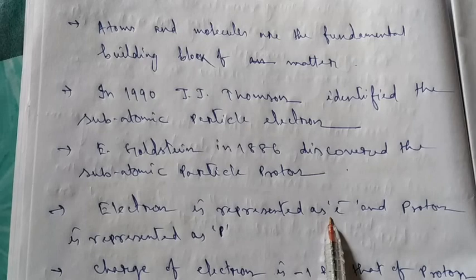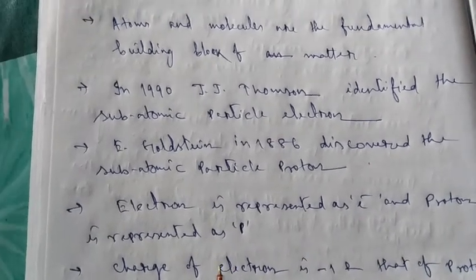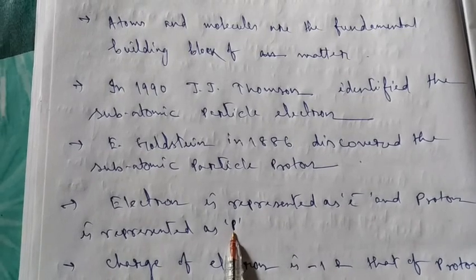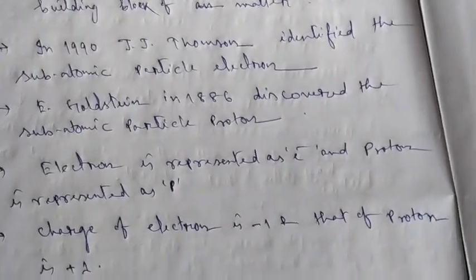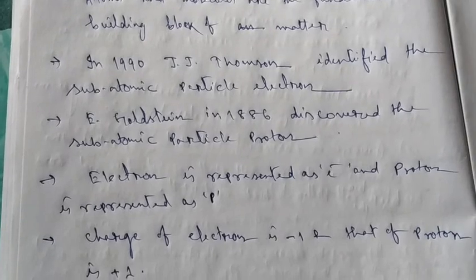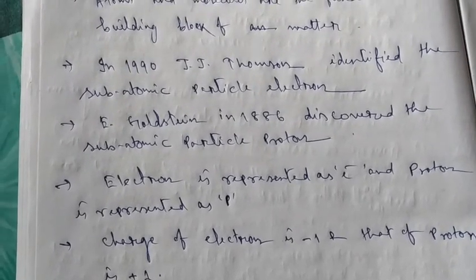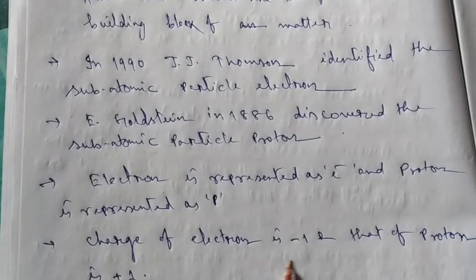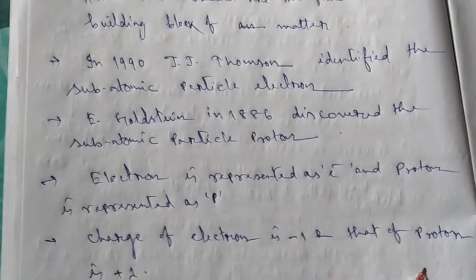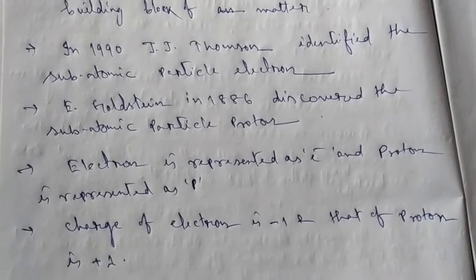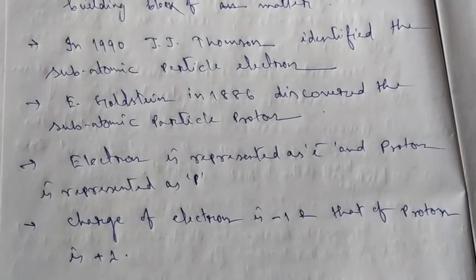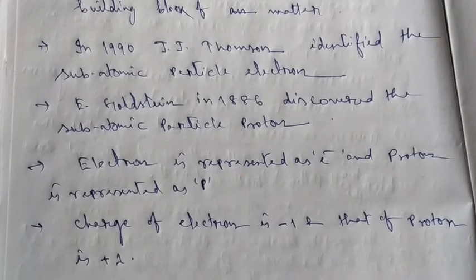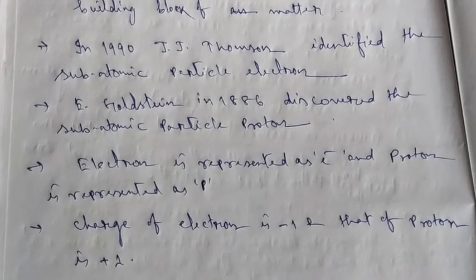That is, negatively charged particle is the electron, and proton is represented as P, right? That means the symbol of proton is P, which is a positively charged particle. Now, what will be the charge of this electron? The charge of electron is considered as -1 and that of proton is +1. That means their charges are the same in value, just negative and positive, that is 1.